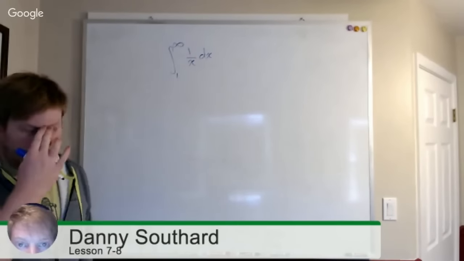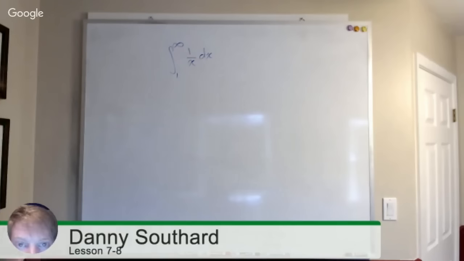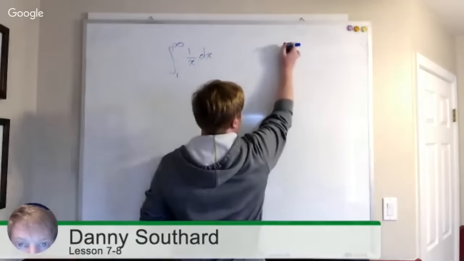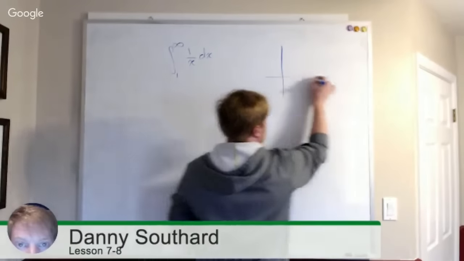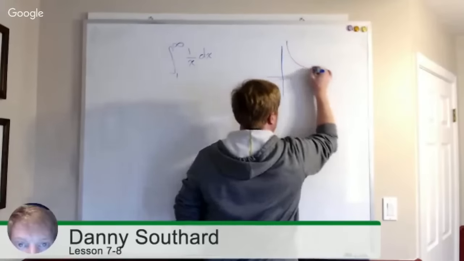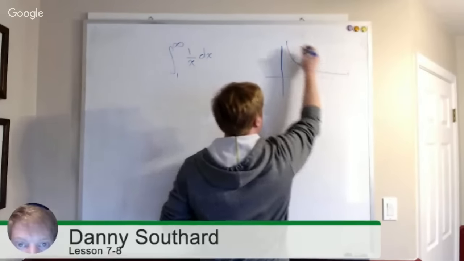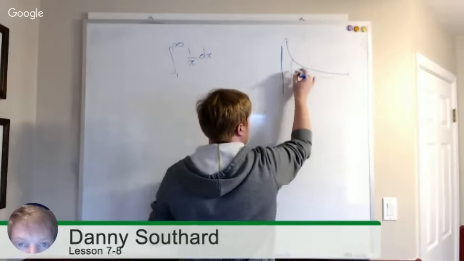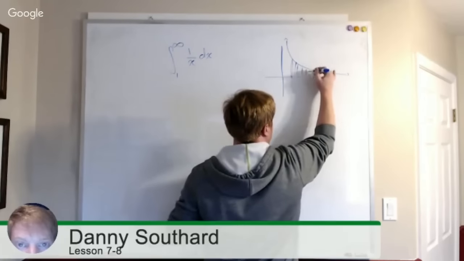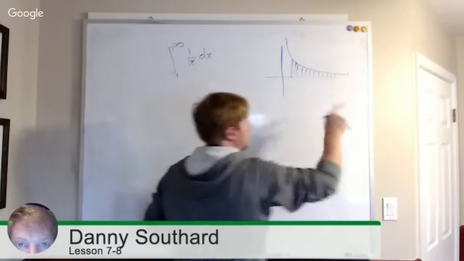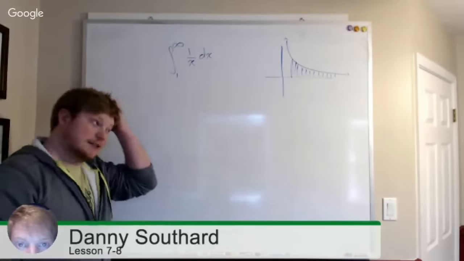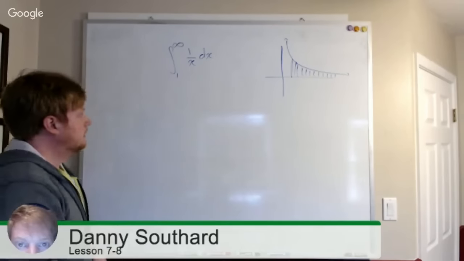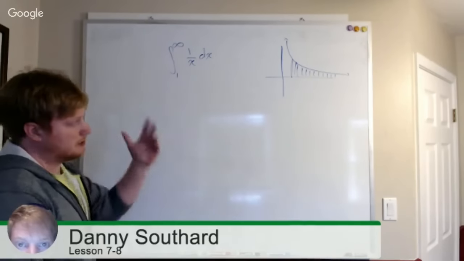So how would we evaluate this integral? Well, if we think about the integral as the area under the curve, well, that area looks to be infinite, okay? But maybe it's calculable.